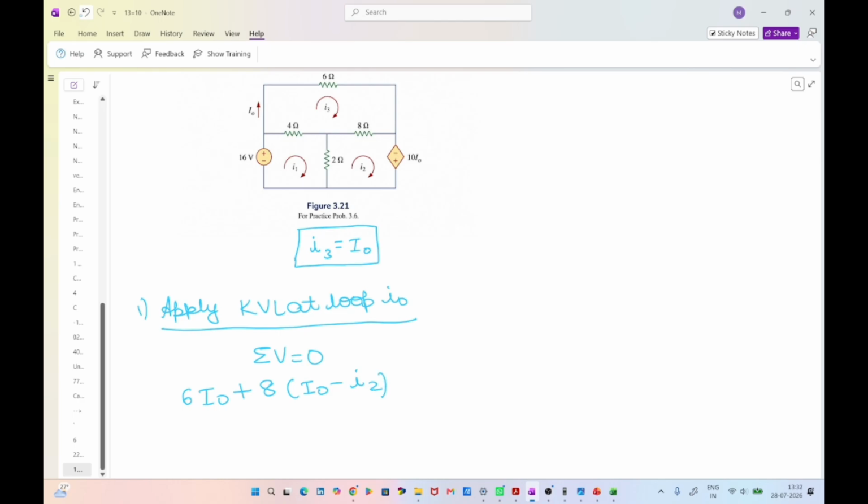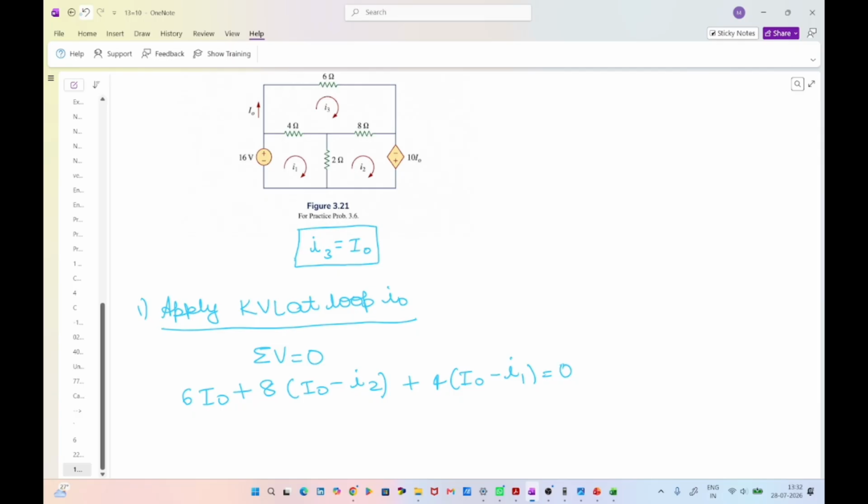Here it is minus because it is in the opposite direction, or you can simply consider that the loop you are applying KVL to has a positive loop current and the other loop currents are negative. And then plus 4 bracket of I naught minus I1 is equal to 0.